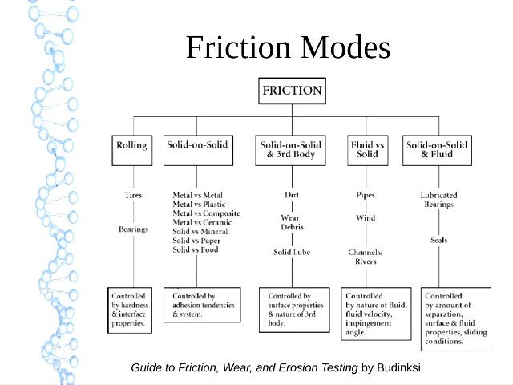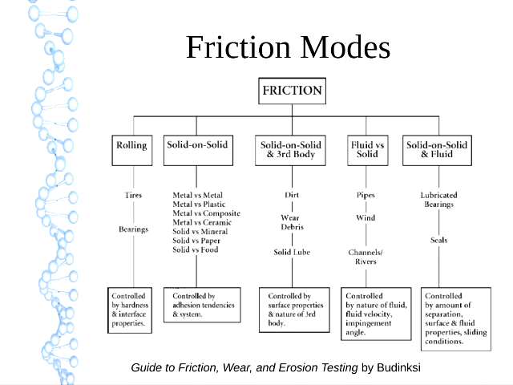I've got this chart from a book called Guide to Friction, Wear, and Erosion Testing by Badinsky. I think it's a very good book. And he breaks this friction down into different types. And I thought I would begin with this just to go into a little bit more detail about friction being a system property.